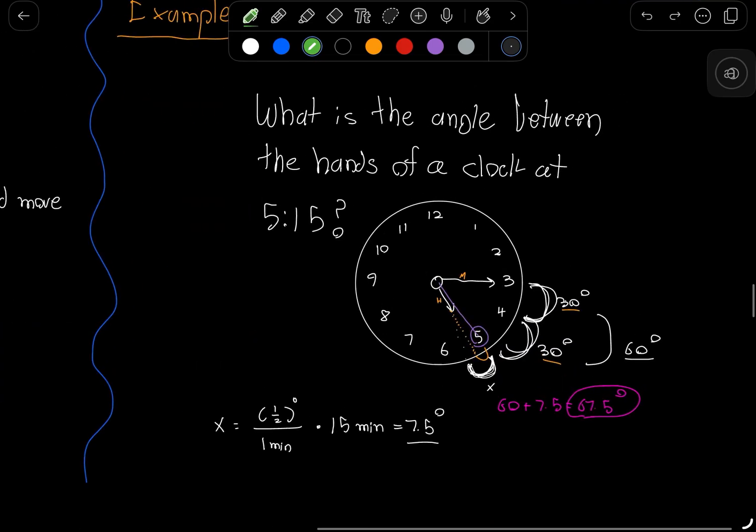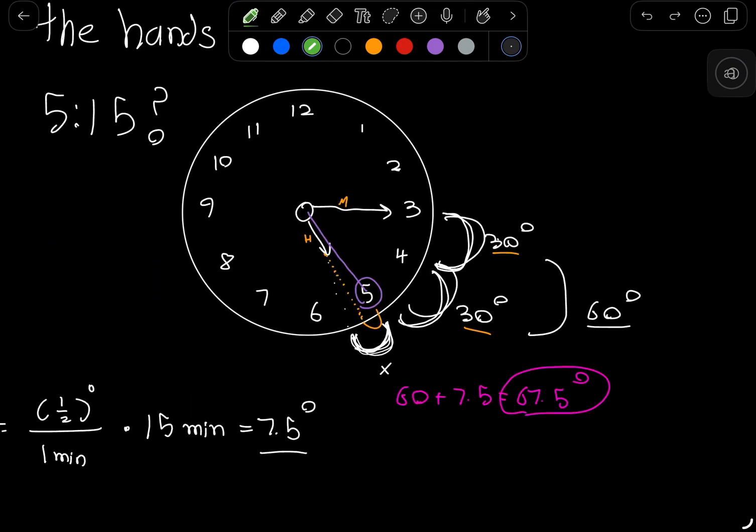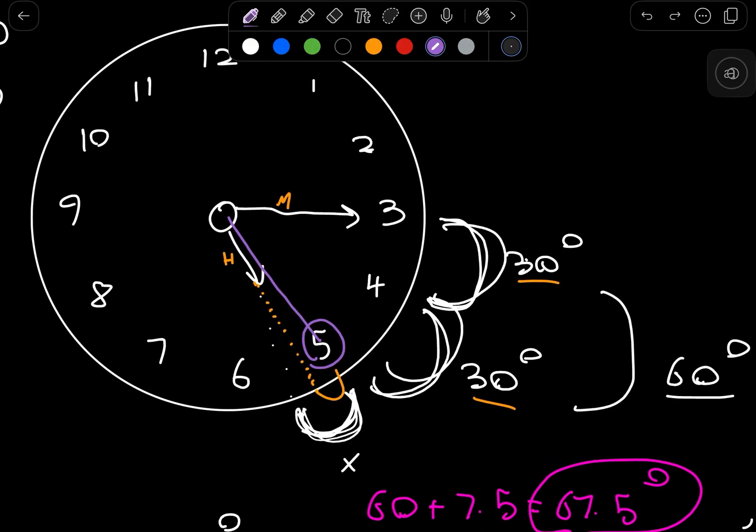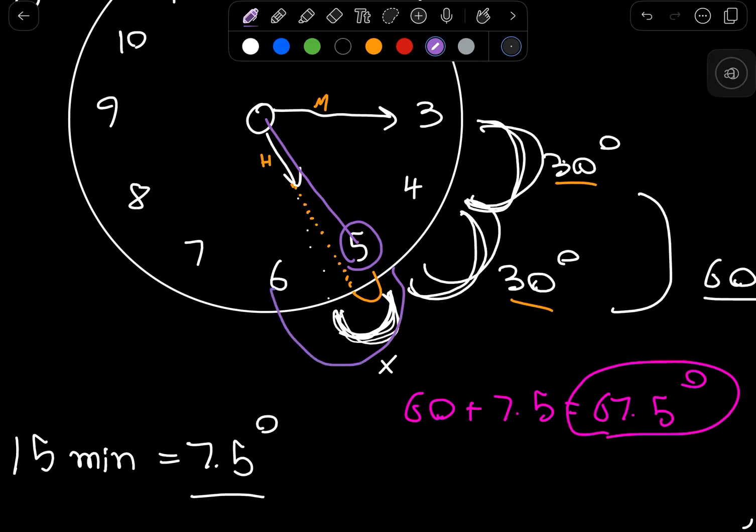Now, how do you find the actual angle between those two hands? How do you find this angle here? The first thing to do is to count how many 30-degree sections you can pass. You can go from 3 to 4, and that would give you 30 degrees. You can go from 4 to 5, which gives you 30 degrees. You can't do 5 to 6, because our hand here doesn't go the entire way. It's actually less than 30.